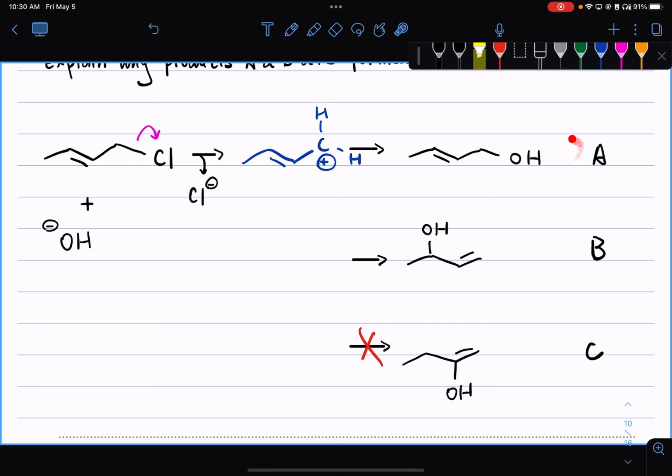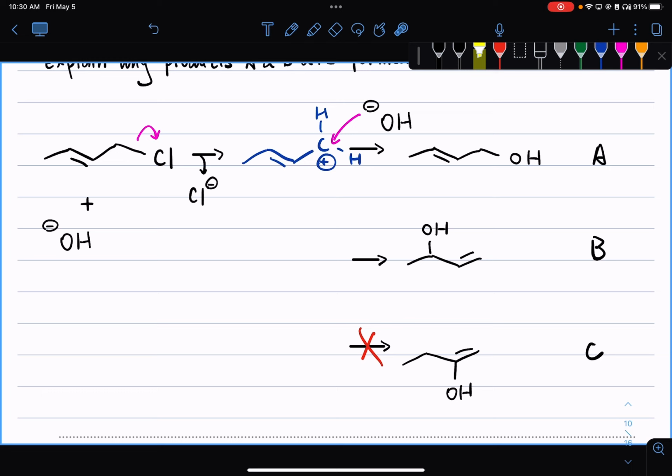And if we look at the products, A looks sort of obvious, right? You just have an OH minus around, and that OH is attacking my carbocation here. It's just like you have 2 charged molecules, your lone pairs, you're forming our product A, which is quite obvious.